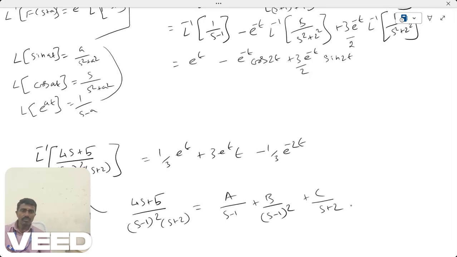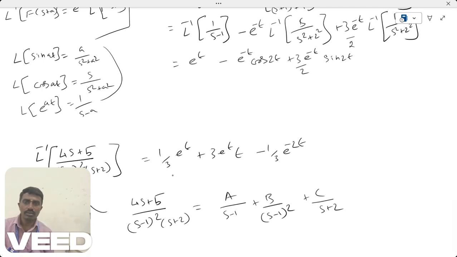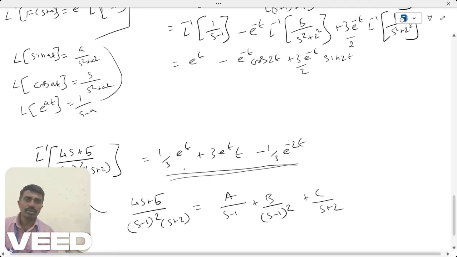Then, if you proceed like the previous problems, find the values of A, B, C, then apply the inverse Laplace transform, and you get the solution. This is the answer for this problem, you can verify it. Thank you.